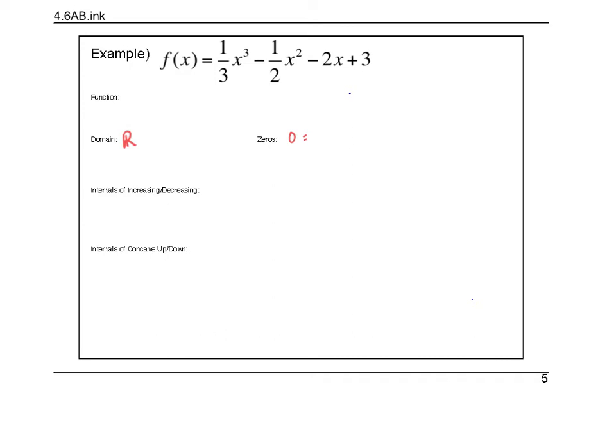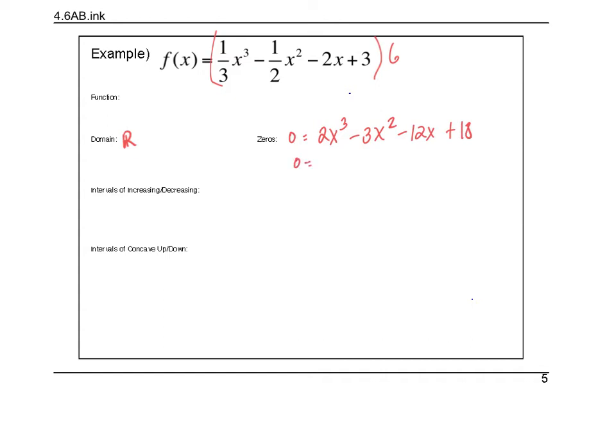I'm going to do that so I can remove both fractions that are in this polynomial. So if I multiply the whole thing by 6, just while I'm factoring the beginning, I will have a 2x cubed minus a 3x squared minus a 12x plus an 18. Just makes factoring a little bit easier.